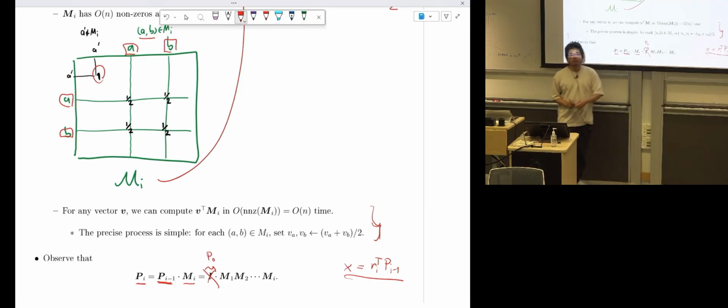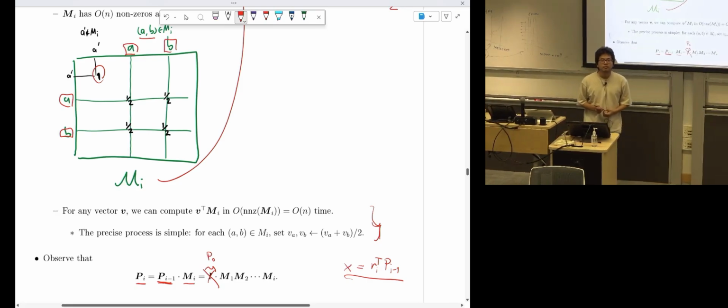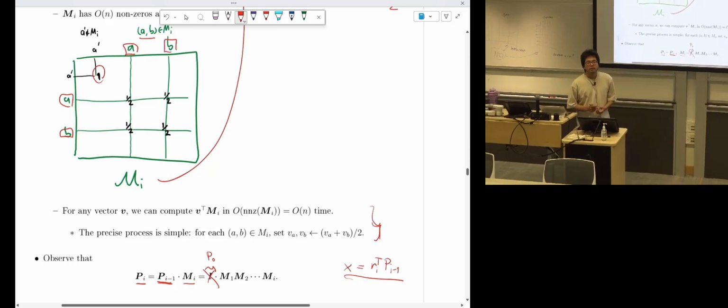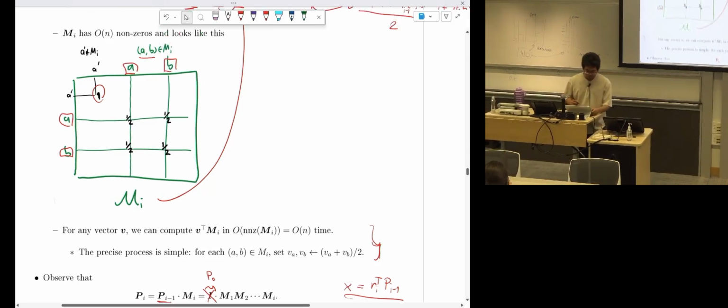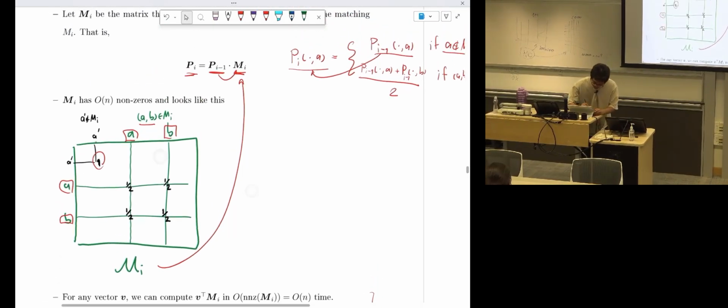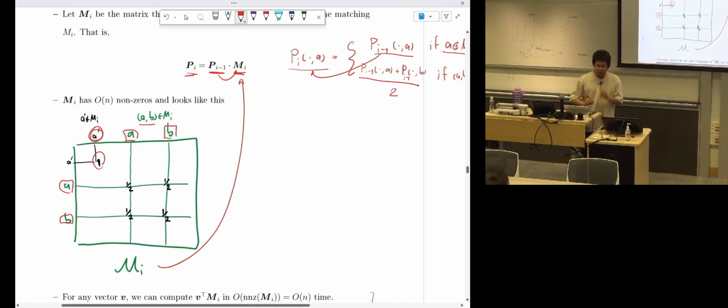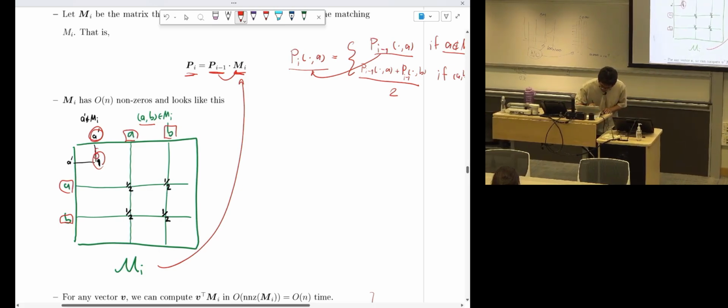Could you also explain why the number of non-zero elements in MI is small? Oh, sure. If A is not in a matching, then I claim that everything here is all zero.